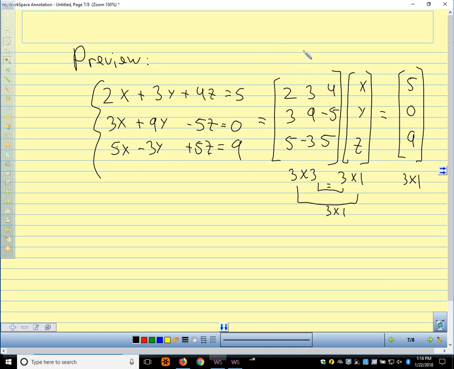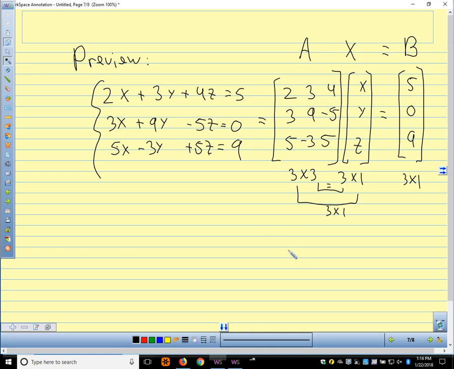What we're going to do is call this matrix A, this matrix X, and this matrix B. So A times X equals B, because if I did this multiplication, I would get that system of equations. If we were solving this using algebra, what would we do? Divide by A. Well, we don't have matrix division, but dividing is the inverse operation of multiplication.